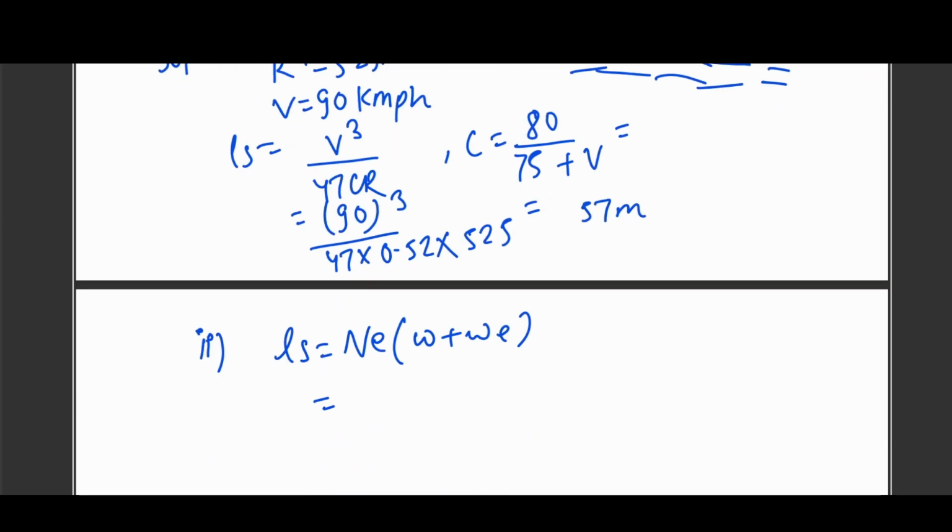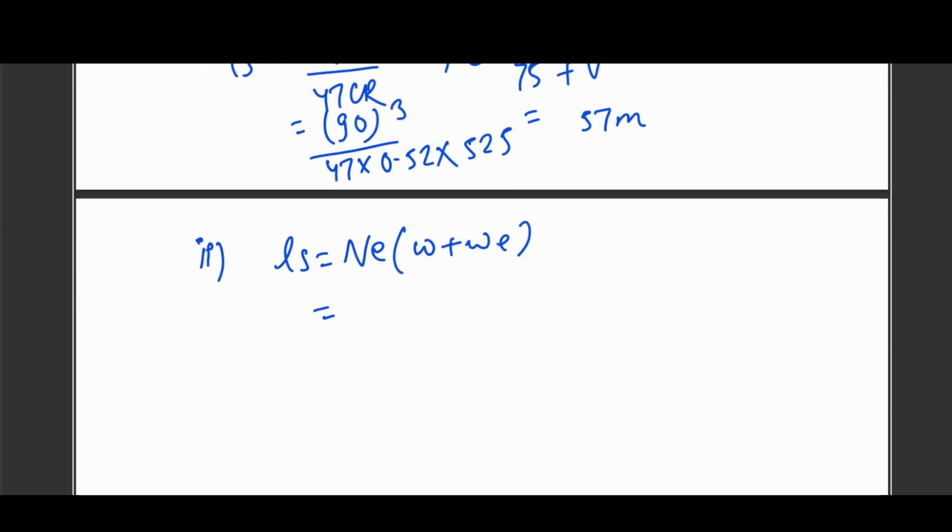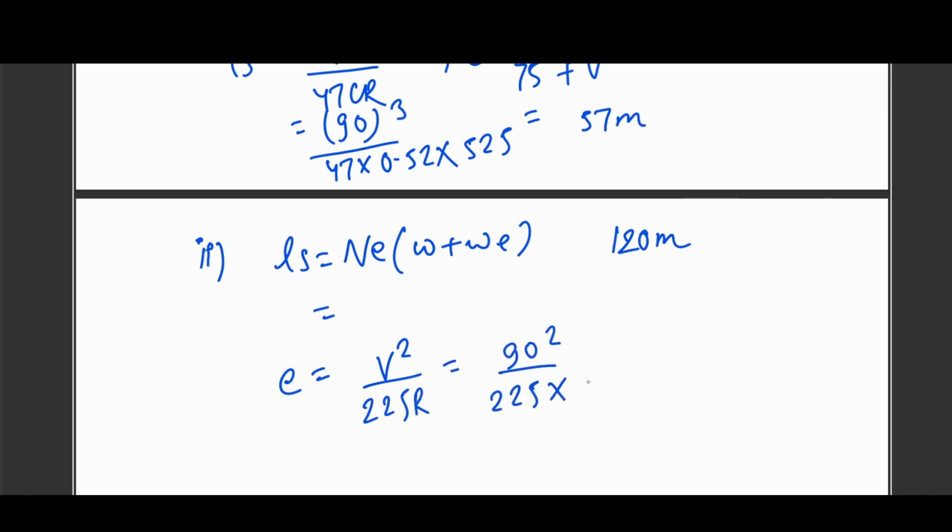The value of N is not given in the question, so we assume the value of N to be 120 meter. And what is super elevation? Super elevation is V square by 225R. So 90 square divided by 225 into 525. It is 0.069, which is less than 0.07. So we assume 0.069 as the value of e.